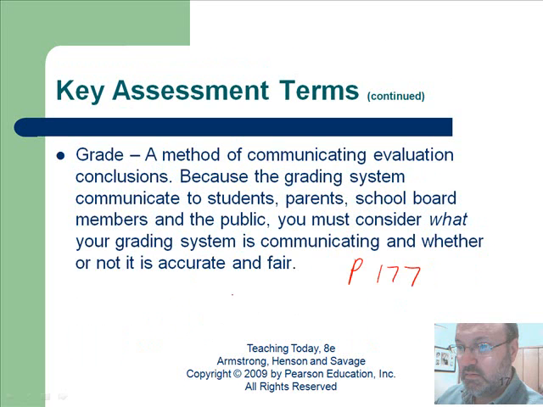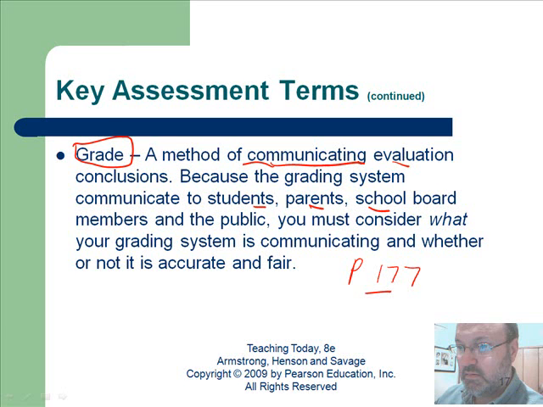And then this is a part that you're going to have to read because it's very interesting on grading. A method of communicating. This is all grading is. Communicating evaluation conclusions. Because the grading system can communicate to students, parents, school board members and the public, you must consider what your grading system is communicating and whether or not it's accurate or fair. Go to page 177 and read this section on grading.